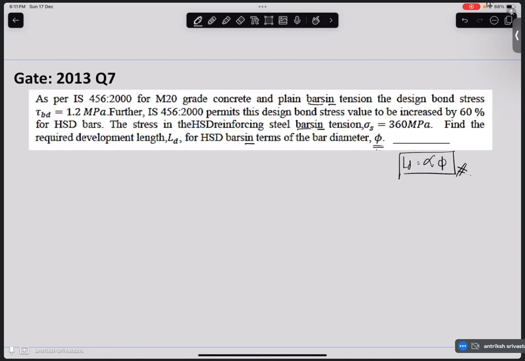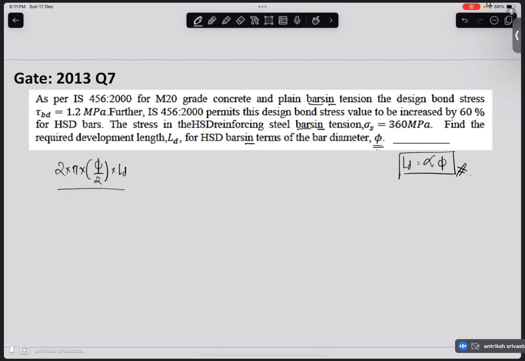So what do we know about our development length? We know that it is the surface resistance from the concrete and steel bonding that is resisting the pulling out force because of the stress developed in the steel. So it is 2 into pi into r into LD.